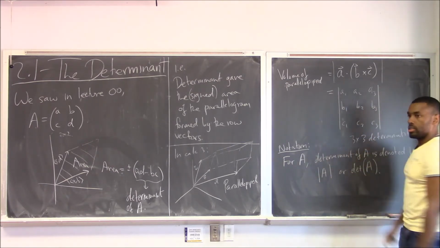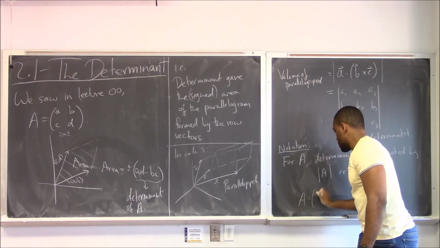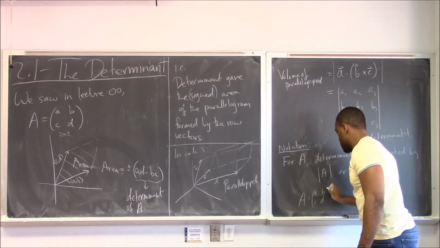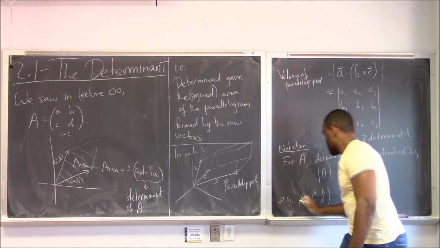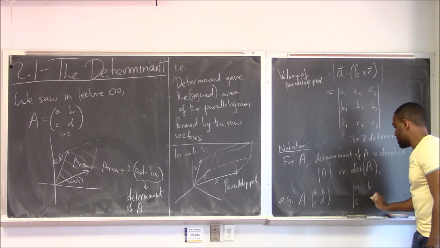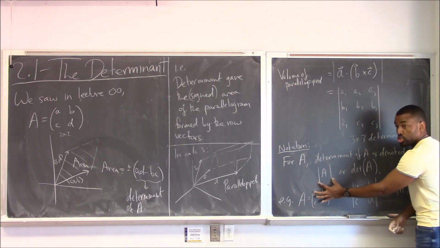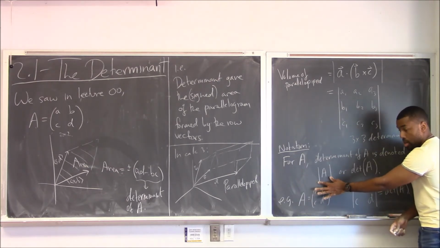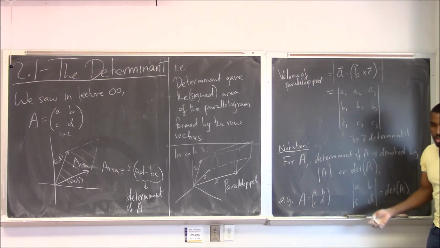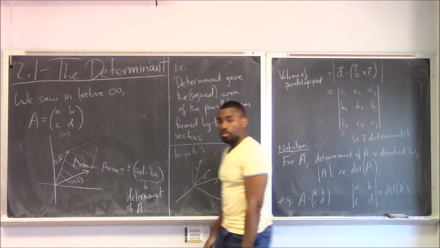So if A equals a, b, c, d, then if you write straight bars around a, b, c, d, that means the determinant of A. You write a matrix with straight bars, you're writing a determinant, which means it's not really a matrix anymore, it's a scalar. It's actually a volume.